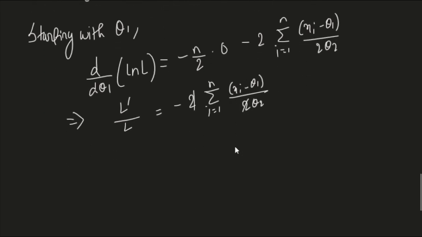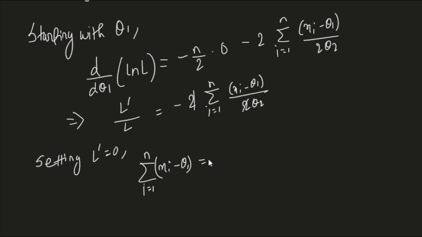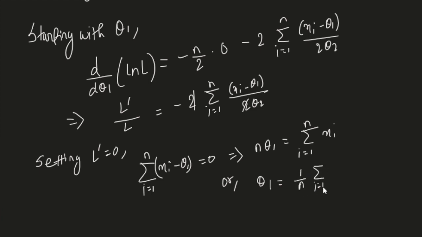And setting L prime equal to 0, we see that the summation i equals 1 to n of (xi minus theta 1) is equal to 0. This means that n theta 1 is equal to the summation of xi, or theta 1 is just 1 by n times the summation i equals 1 to n of xi.